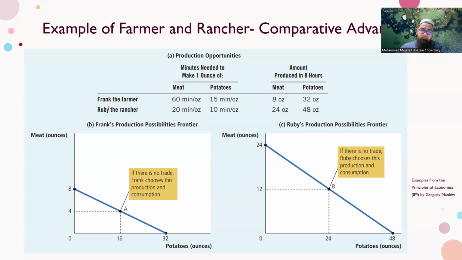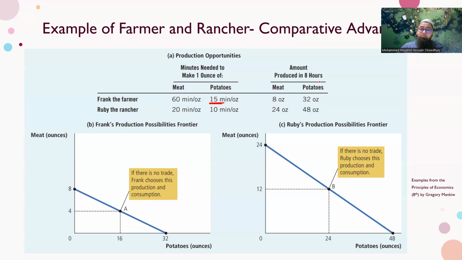Farmer Frank needs 60 minutes to produce 1 ounce of meat, and he needs 15 minutes to produce 1 ounce of potatoes. On the other hand, Ruby, the rancher, needs 20 minutes to produce meat and 10 minutes to produce potatoes.